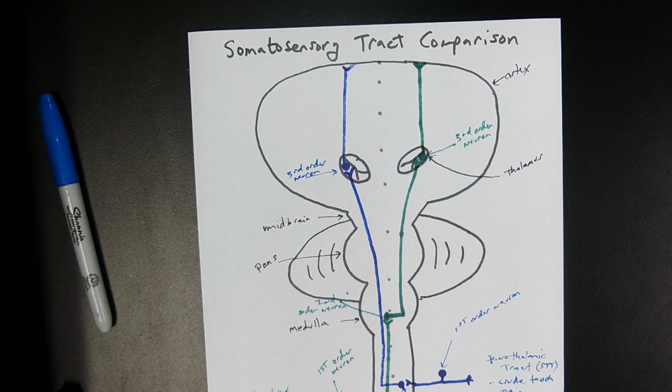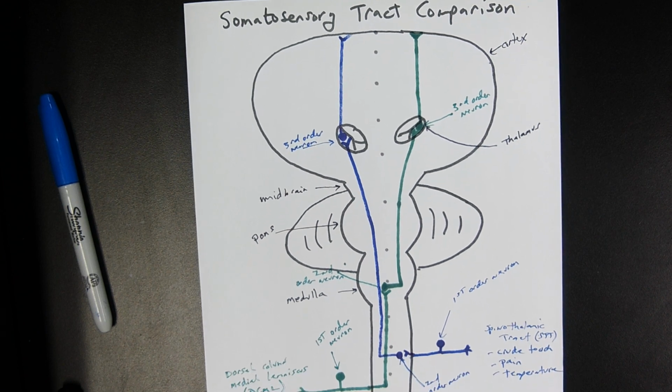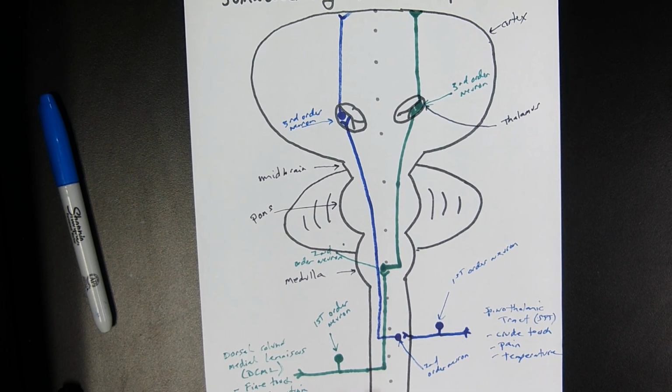What I want to do now is, these are the two somatosensory tracts that we're going to talk about this semester. What I wanted to do is just take a minute and compare and contrast to see what they have in common and how they're different. Can anyone tell me a way that they're different? Yeah, they decussate uniquely.